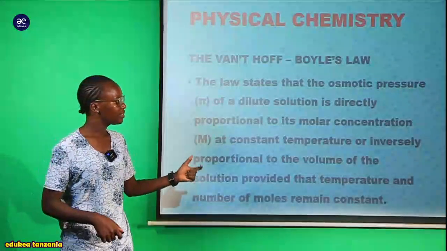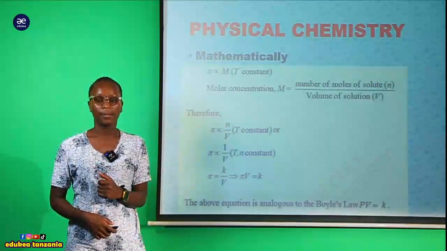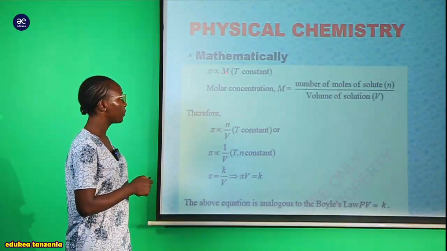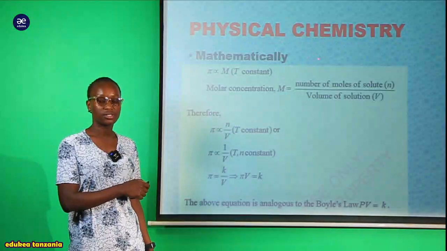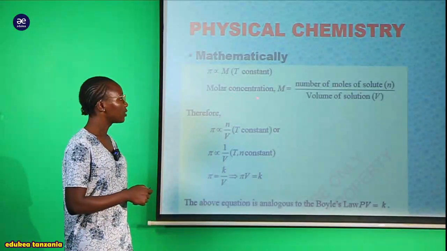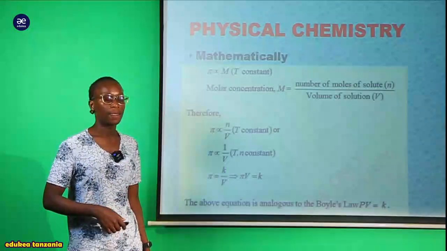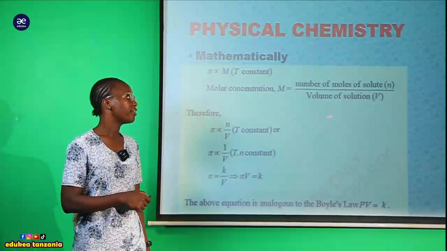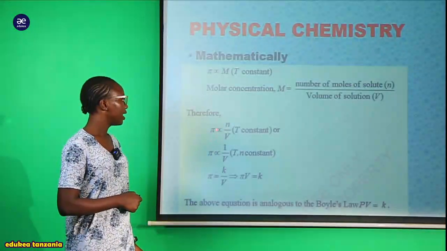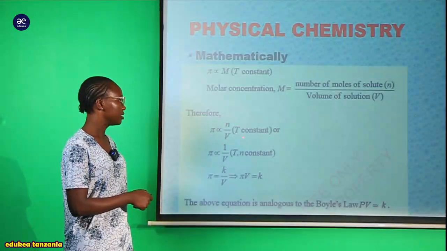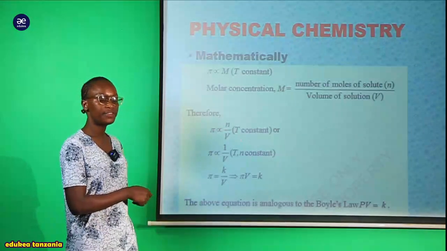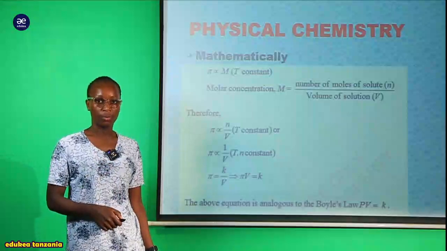So now kutoka kwenye hii statement tunaweza tukaidrive mathematically. So mathematically it will be like this, kwamba osmotic pressure ni directly proportional to what? To molar concentration at constant T. Lakini pia molar concentration ambayo tunajua ni capital letter M ni sawa na number of mole of solute over volume of solution ambayo ni N over V. So you can see that osmotic pressure itakuwa ni directly proportional to N, lakini ni inversely proportional to volume.